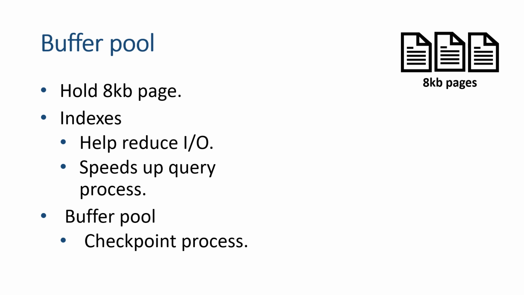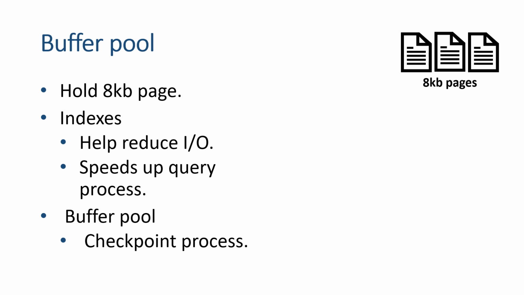So let's talk about how the buffer pool gets managed. The buffer pool holds 8 KB data pages and index pages. It has to manage 3 kinds of structures: heaps, clustered indexes, and non-clustered indexes.